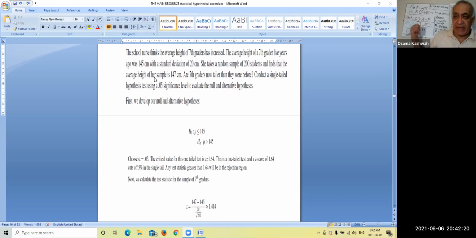If Z calculated is less than Z tabulated, you will accept the null hypothesis and reject hypothesis 1. If the opposite, if Z calculated is greater than Z tabulated, which means it goes in the critical area, then you will reject H0 and accept H1.